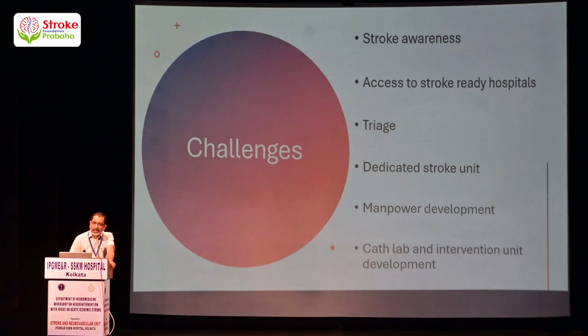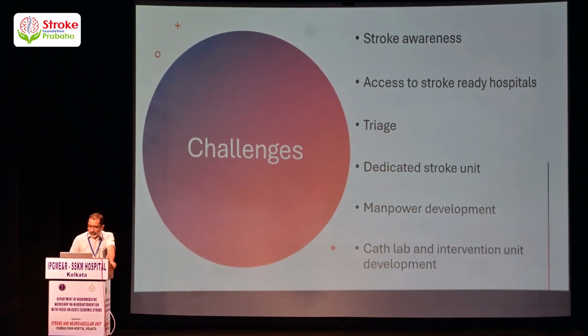for the society at large, you have to overcome all these challenges, like challenges at the level of awareness, access to stroke-ready hospital, proper triage of the acute stroke patients, develop a dedicated stroke unit, manpower development, and today's topic, Cath lab and intervention unit development.